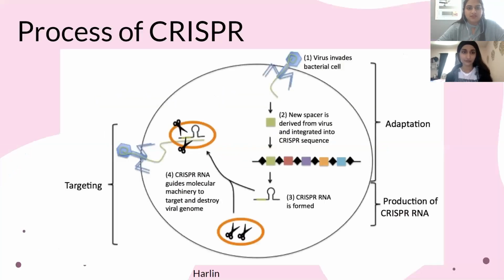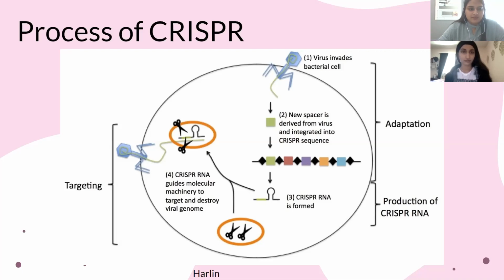So, the process of CRISPR. The first step is adaptation, where DNA from an invading virus is processed into short segments that are inserted into the CRISPR sequence as new spacers. Step two is production of CRISPR RNA, where the CRISPR repeats and spacers in the bacterial DNA undergo transcription, the process of copying DNA into RNA.